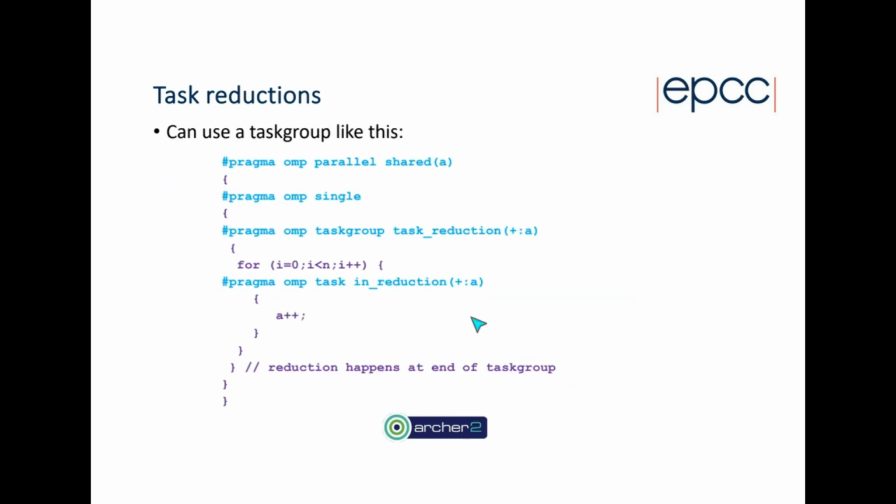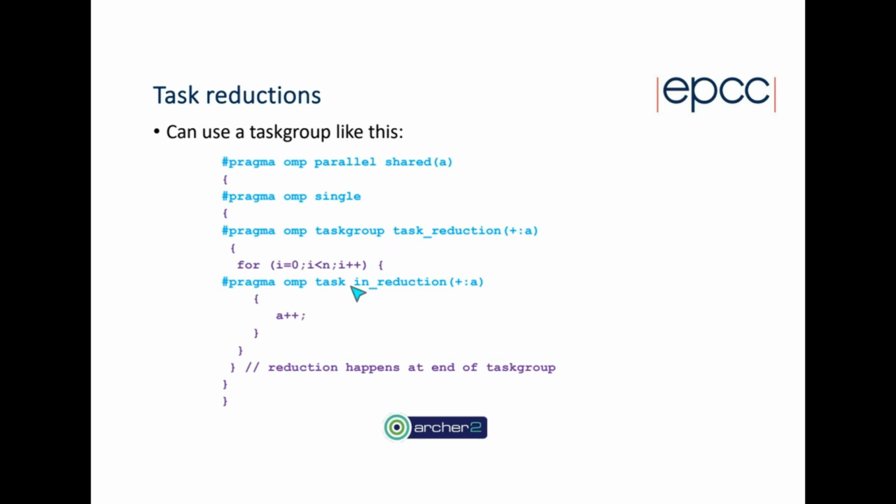If you do want to use reduction variables, there is a way of doing it with task group. All the tasks that access the reduction variable have to be inside a task group. Instead of reduction, we have a task reduction clause on the task group.